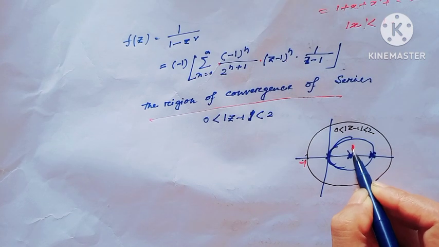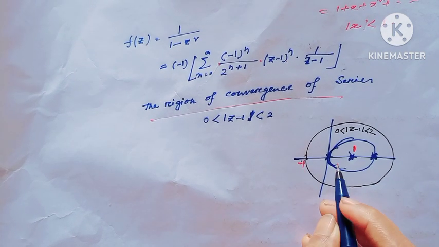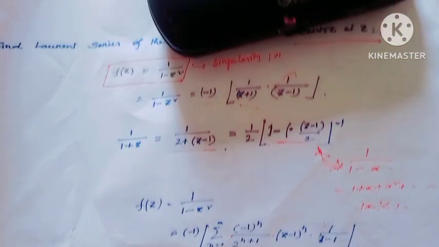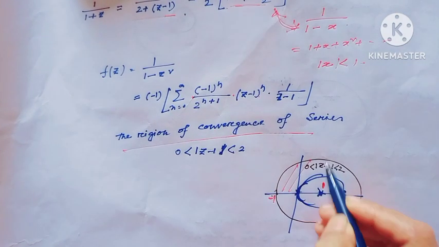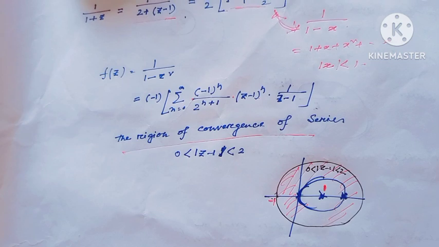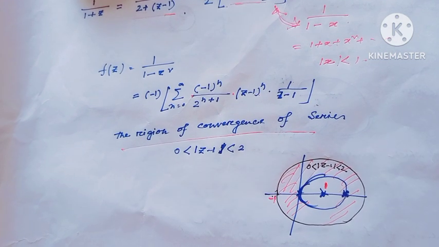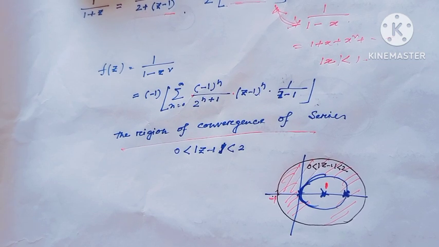Here is the point 1 and here the point minus 1, and at these points the function has singularities. In this region the series is convergent, and this is the Laurent series expansion about the center z equal to 1.